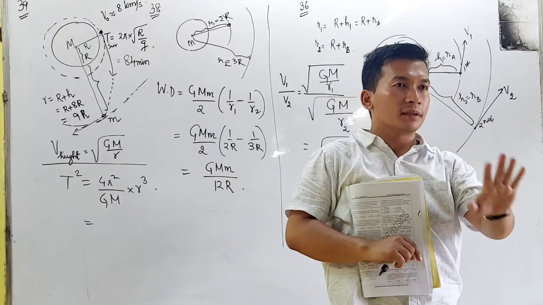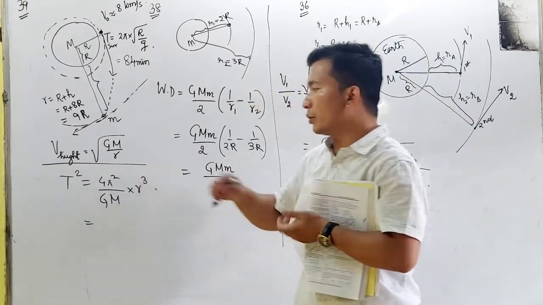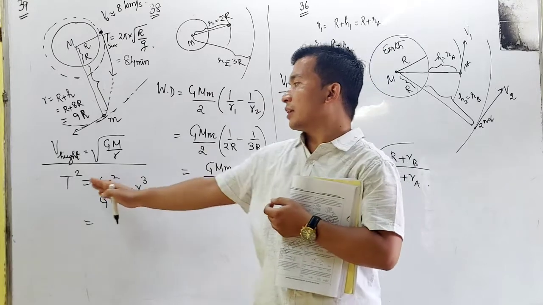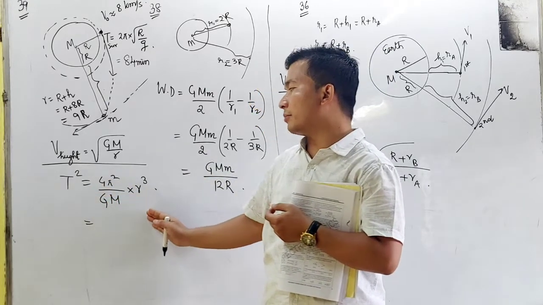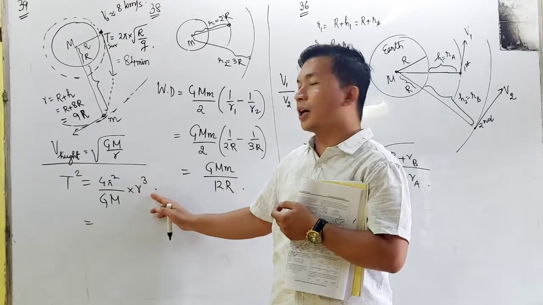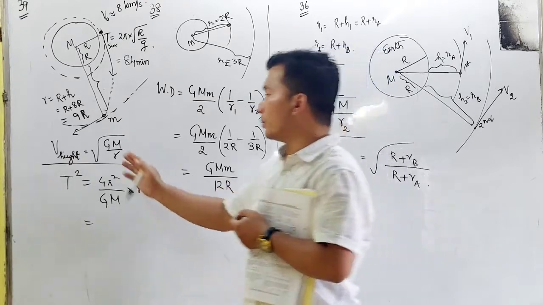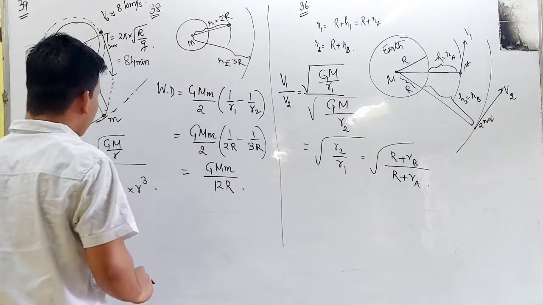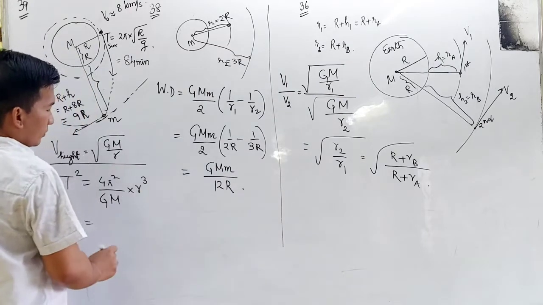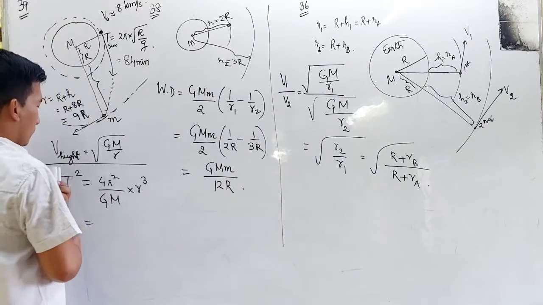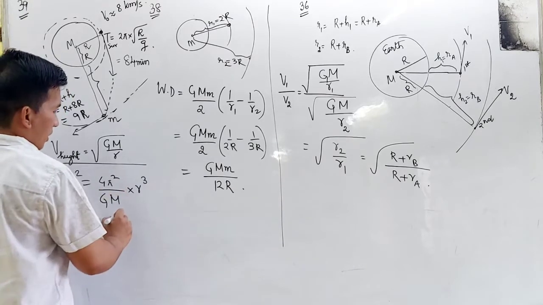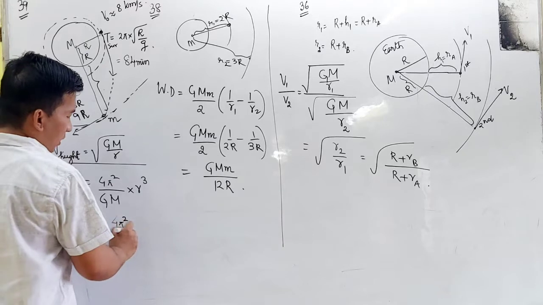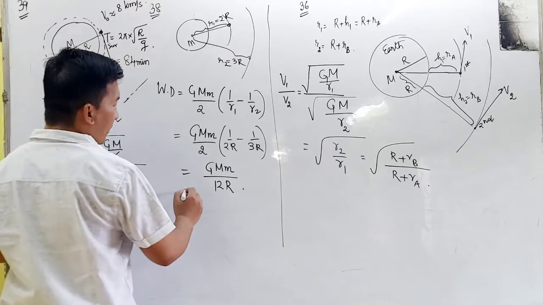According to Kepler's third law, the square of the time period will be equal to 4 pi square divided by capital GM, into R cube. So this is 4 pi square divided by capital GM.